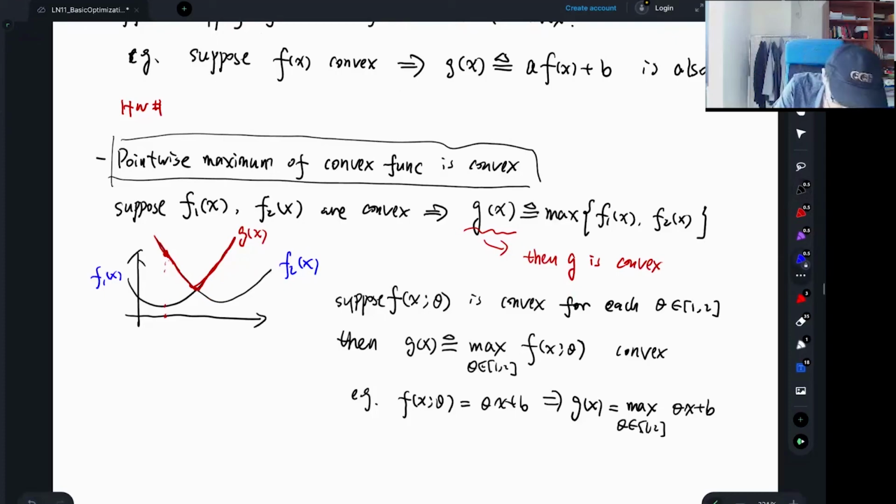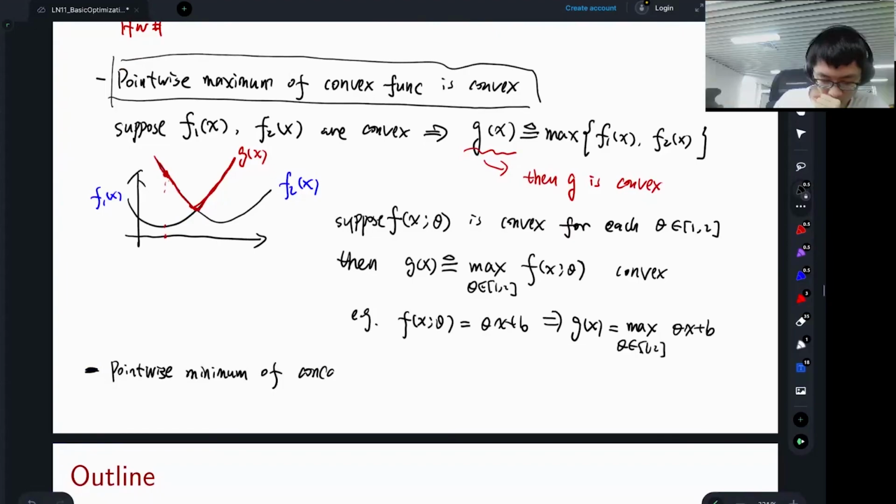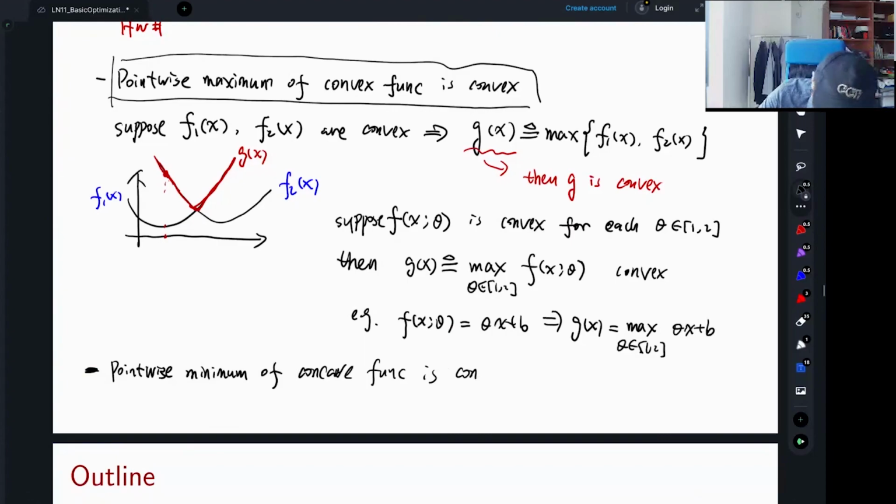And by duality, because concavity is defined in terms of convexity by taking a negative sign, you can immediately conclude the pointwise minimum of concave functions is still concave.